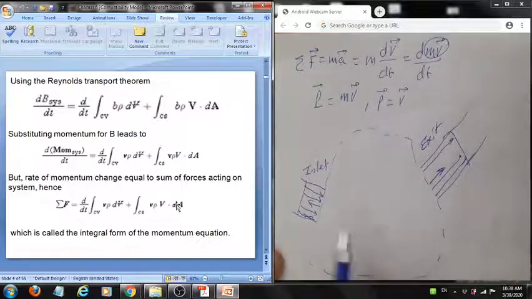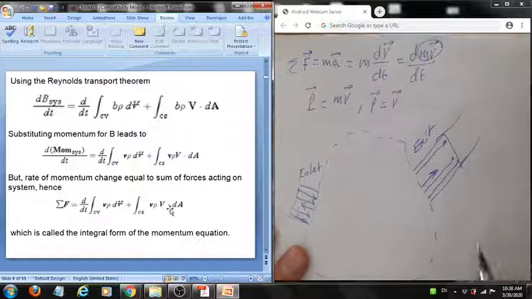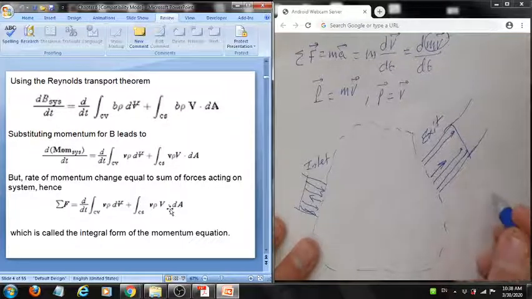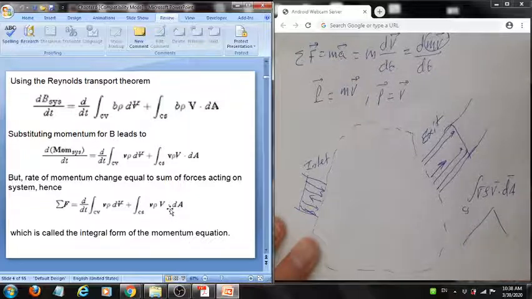In this case, when we have uniform velocity at the inlet and the exit, we can take the velocity out of the integration, and then we're left with density times velocity dot dA. We recognize this term to be the mass flow rate. So upon this, we can decompose this term, V ρ V·dA, into two terms.